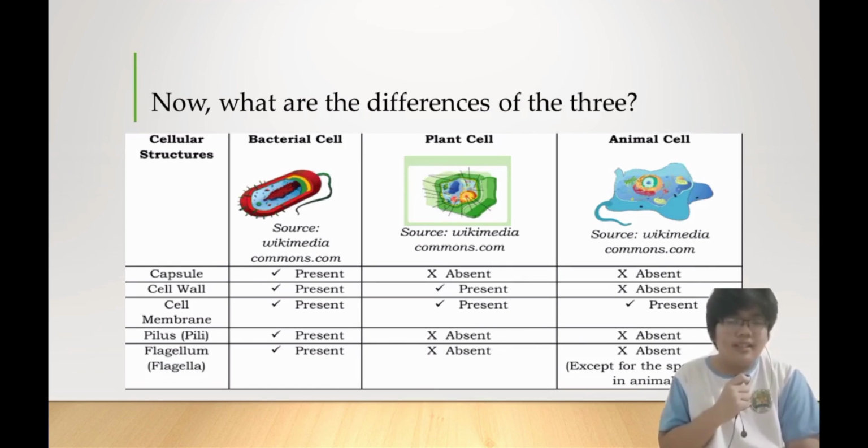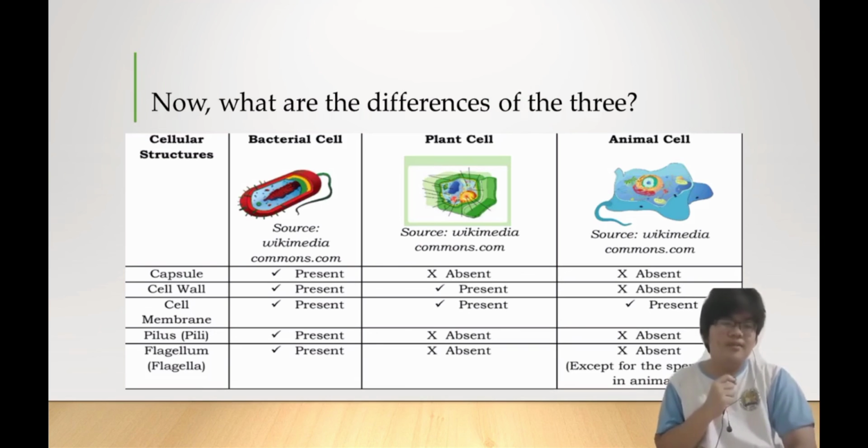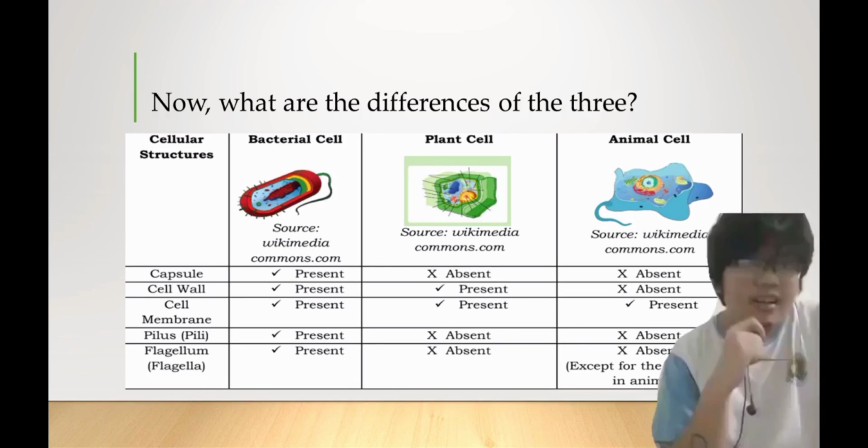As for plant cells, they have the cell wall as the outermost part of the cell, and that is the reason why plants are non-motile. If you don't know what non-motile means, it means they don't have the ability to move. And they have a cell membrane. All of them have a cell membrane. About animal cells, the only one present among the cellular structures is the cell membrane.